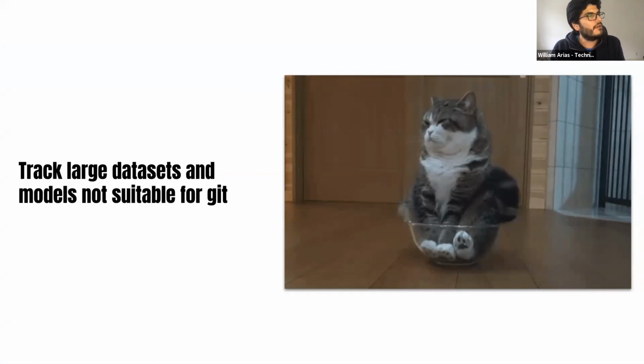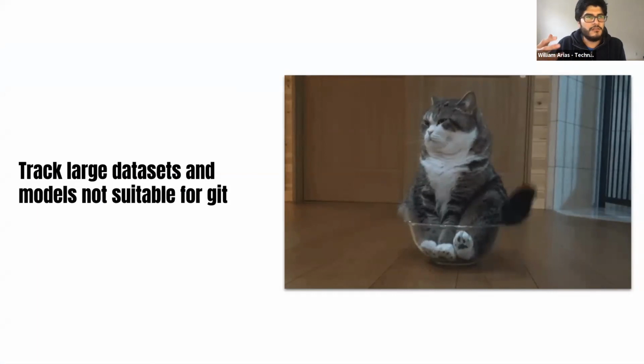Because Git was invented especially for code, to track the versions of code as a version control system. It wasn't invented to track data, and in many cases the data that we need to train an algorithm is huge.